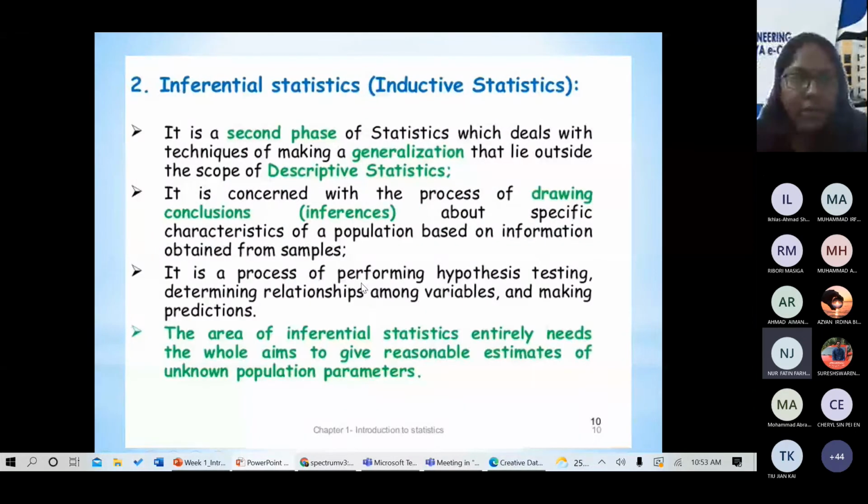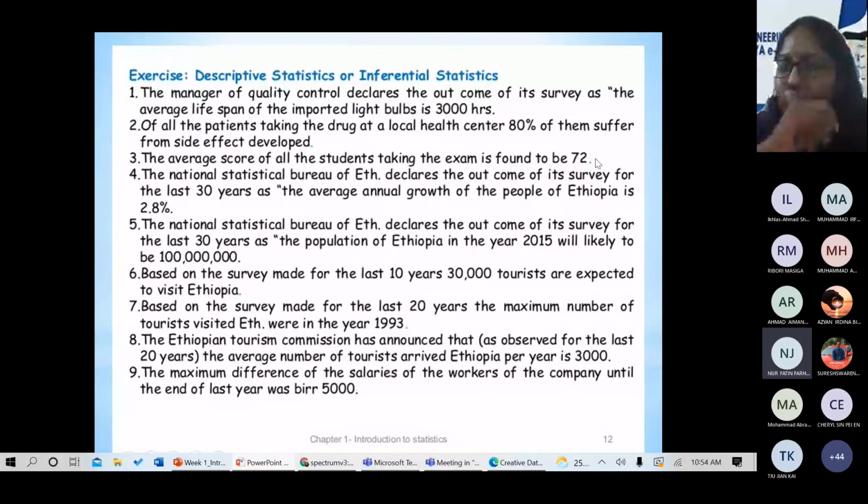Okay, so back to our question. Number 2 gave us a conclusion that 80% of them suffer from side effects. But number 3, the average score of all students is found to be 72. That's it. So, which one do you think it is?